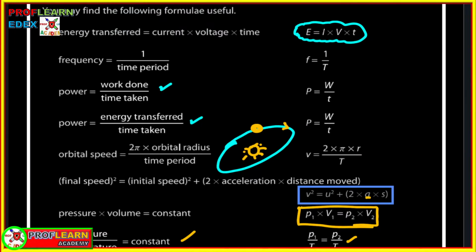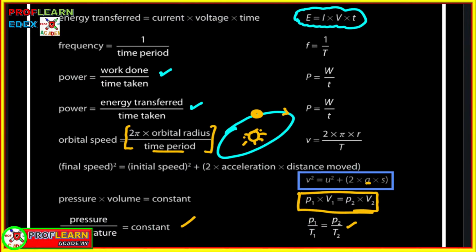We have 2 pi times the orbital radius, and the time period is the time it takes to go around the orbit.